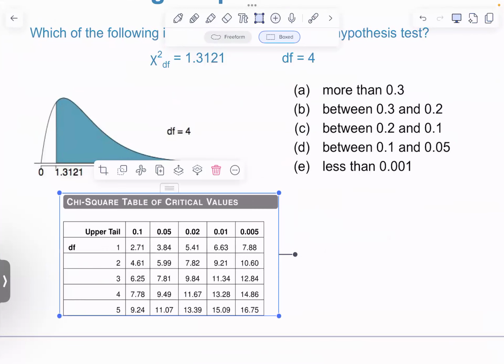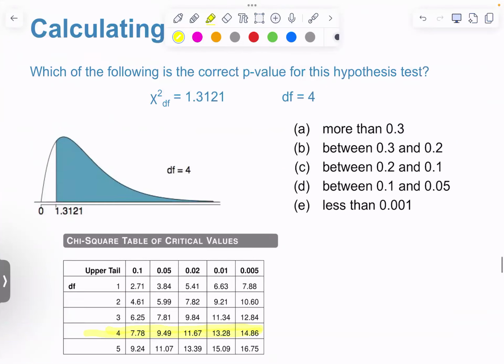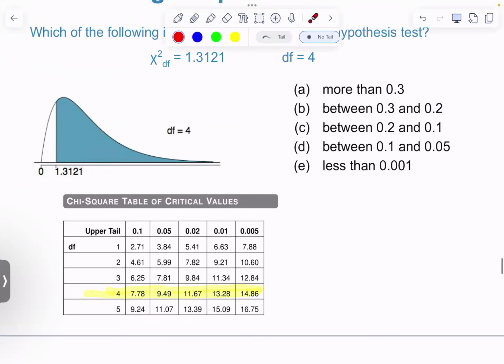We've got 4 degrees of freedom, so I'm only going to stick to this row. And I try to place my 1.3121. We find that our chi-squared of 1.3121 is caught between 0 and 7.78, so zeros at the end here.